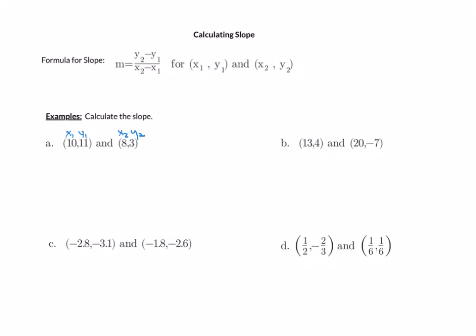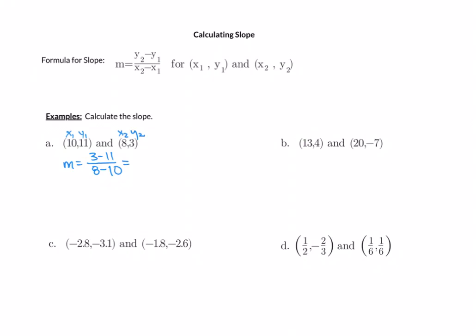So if we go ahead and plug into our formula, we get m equals 3 minus 11 over 8 minus 10.